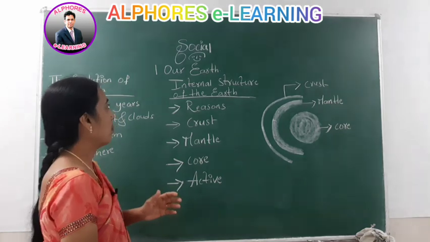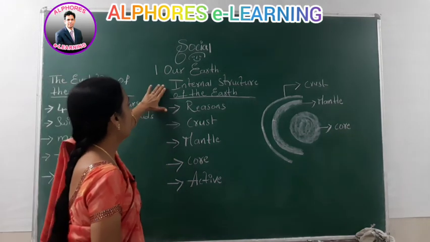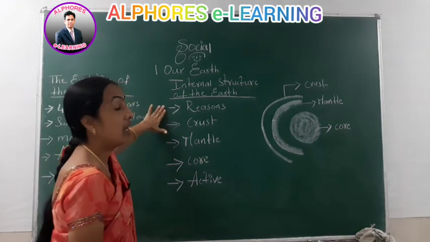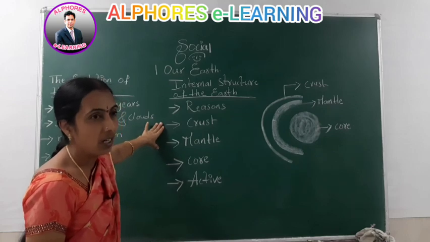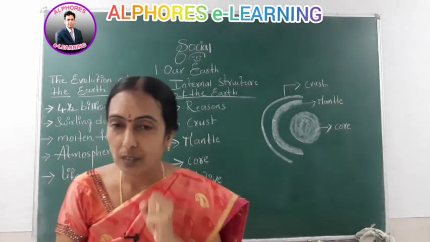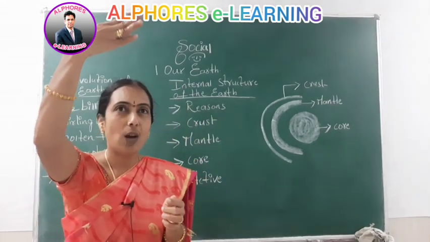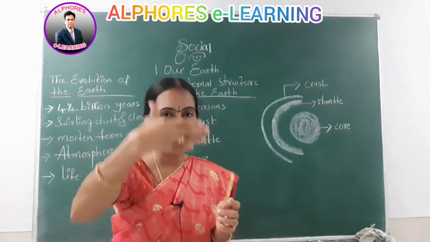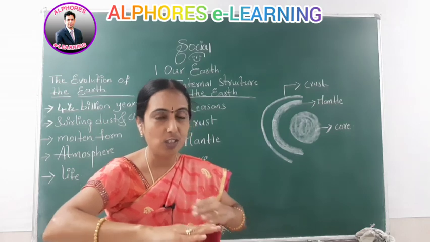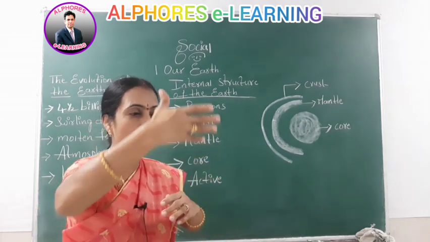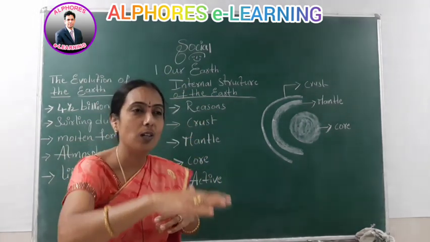This is a topic. And the next topic is about the internal structure of the earth. If you look out, as we go up into high altitudes of the atmosphere, as we go up from the surface of the earth on which we are living, the temperature goes on decreasing.